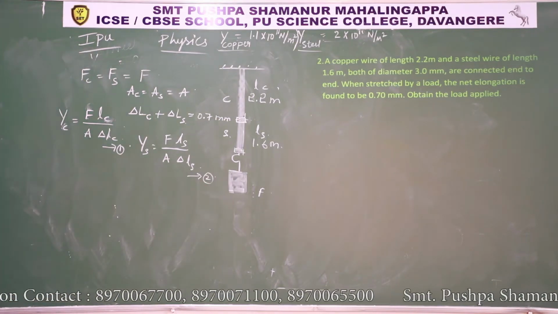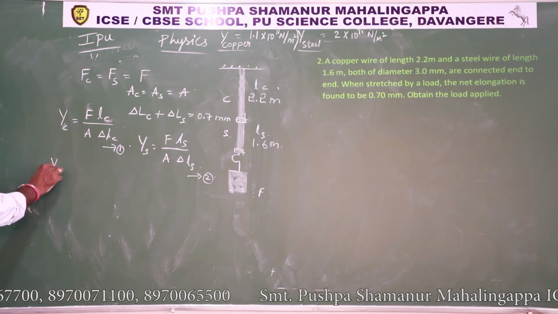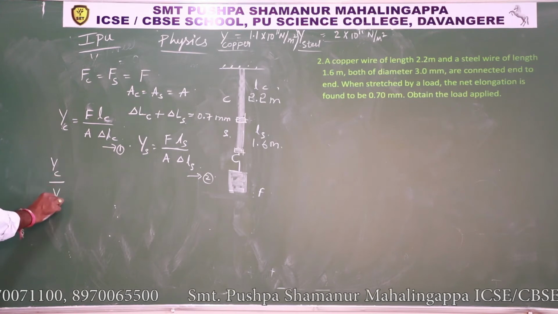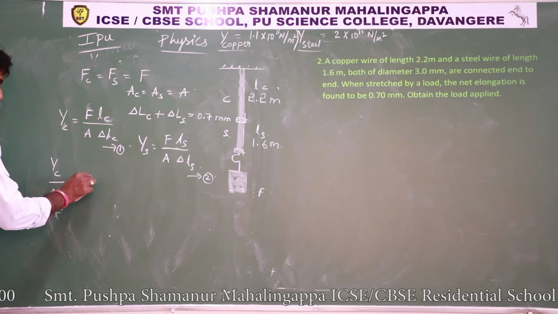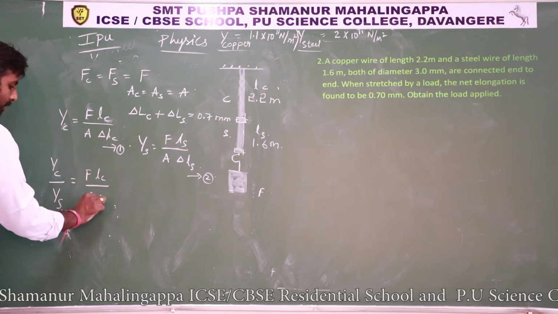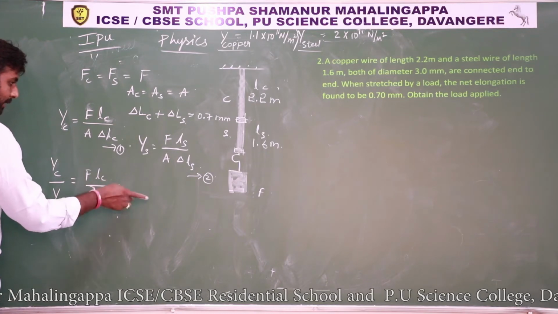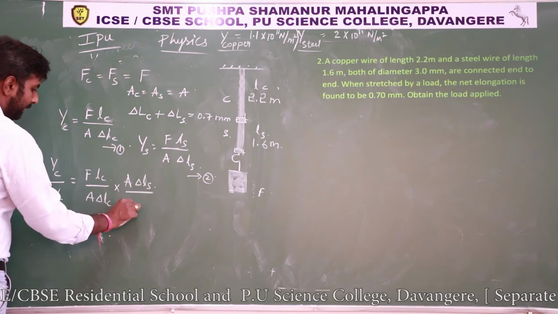We have to find the value of F. For that, YC by YS, take the ratio, divide equation 1 by 2, such that you will get F LC divided by A into delta LC, multiplied by A delta LS divided by F LS.